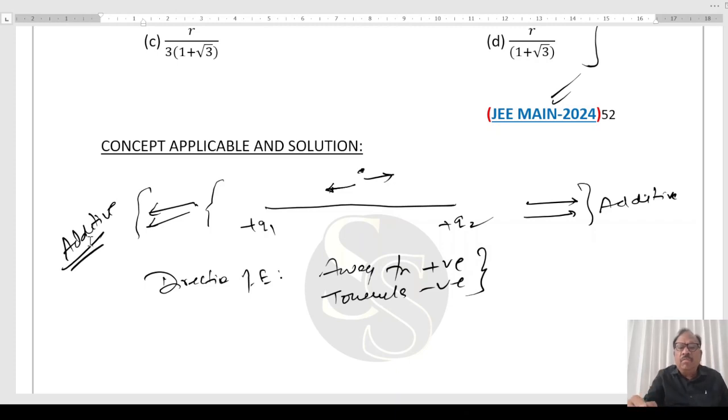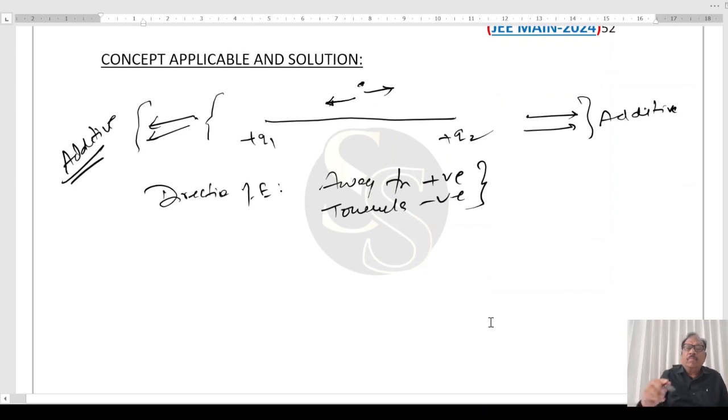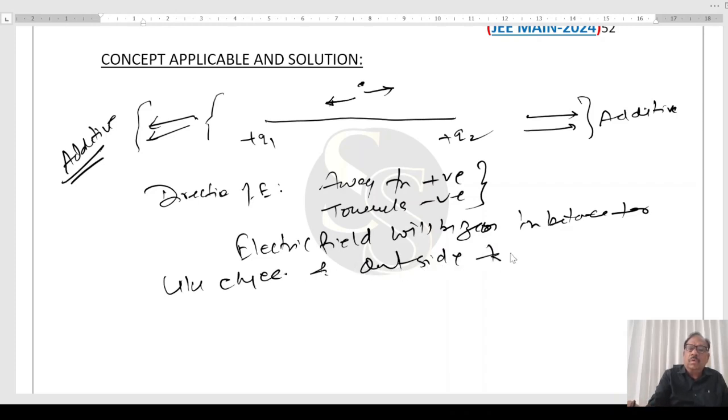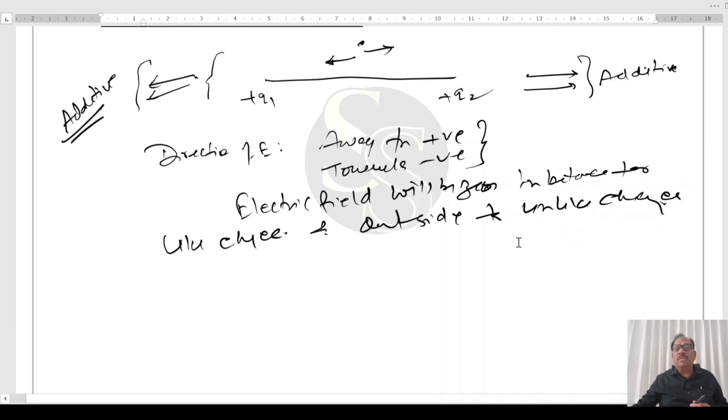Means electric field will be 0 inside for like charges, and outside for unlike charges. Right?